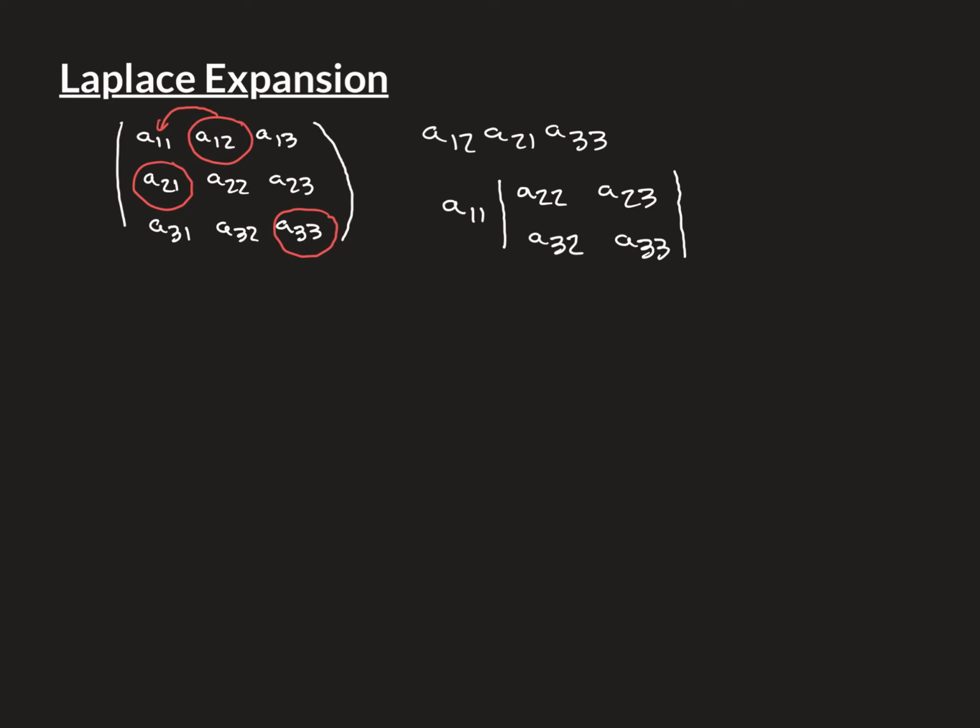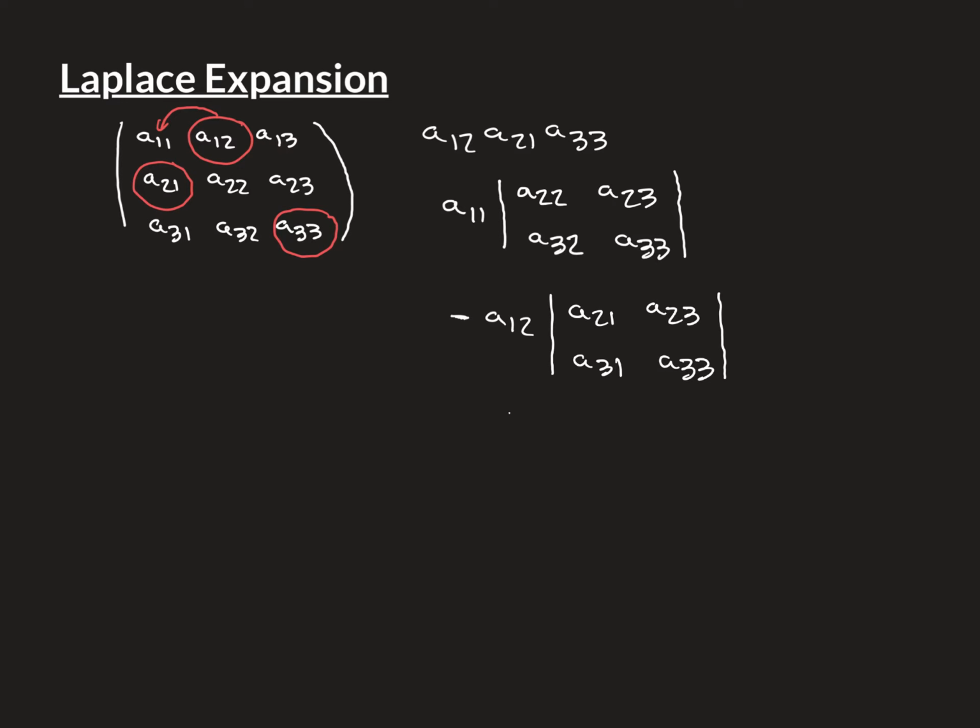Then you go to the second entry in the first row, that's A12, and this one's actually going to need a minus sign in front of it, and then you times that by its reduced matrix. You get rid of its row, its column, and then you look at this matrix consisting of these 4 entries, and you times it by the determinant of that reduced matrix: A21, A31, A23, A33.